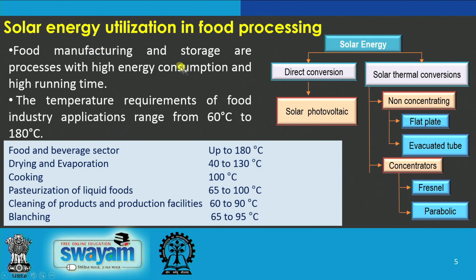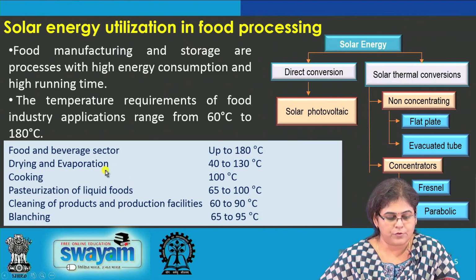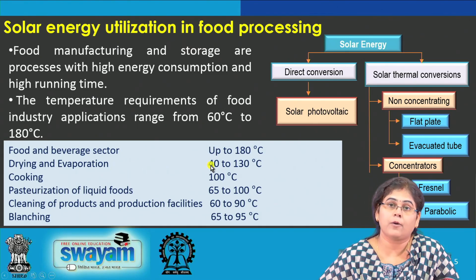The food manufacturing and storage are processes in the food industries with high energy consumption and high running time. The temperature requirement for food industry applications basically ranges from 60 degrees centigrade to 180 degrees centigrade. For example, the food and beverage sector needs a temperature range up to 180 degrees centigrade. Drying and evaporation operate well in the range from 40 to 130 degrees centigrade.